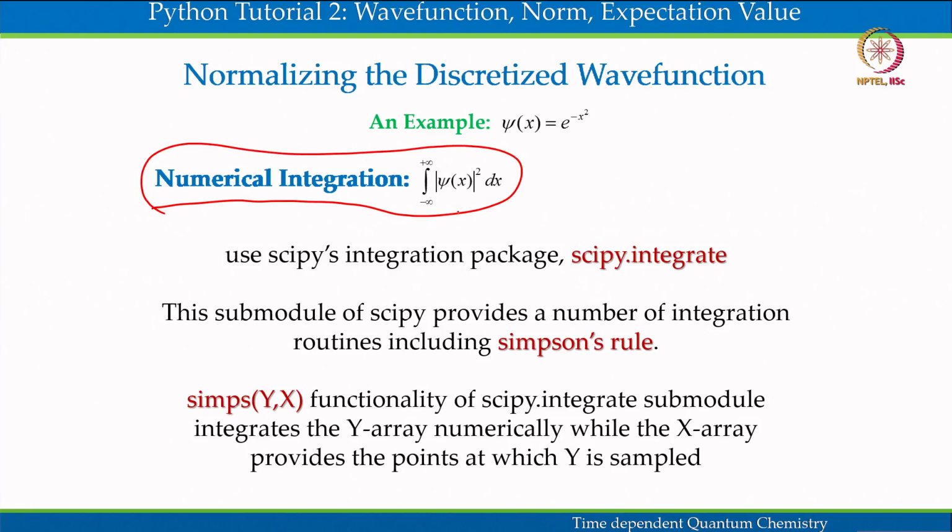This integration will give me the norm, and once I get the norm, I can take the square root of that norm and divide this wave function by it. I get the normalized wave function. So ultimately we have to depend on numerical integration of the absolute square of the wave function.